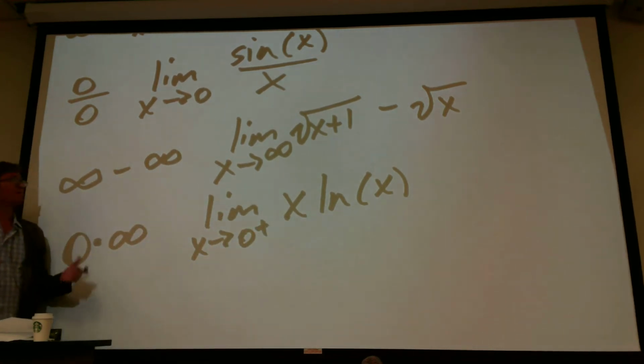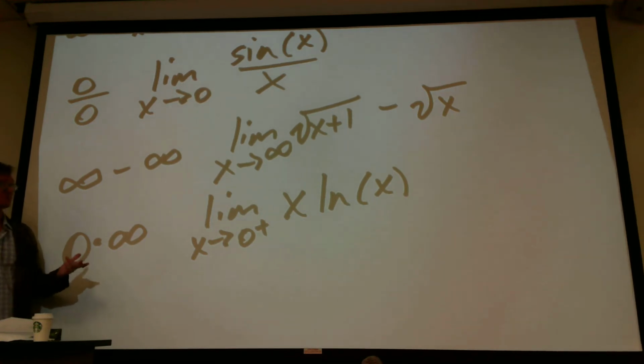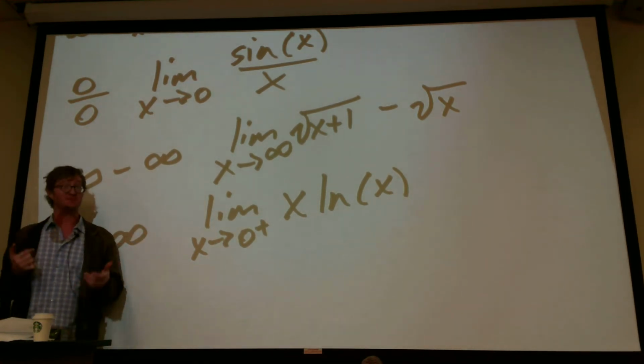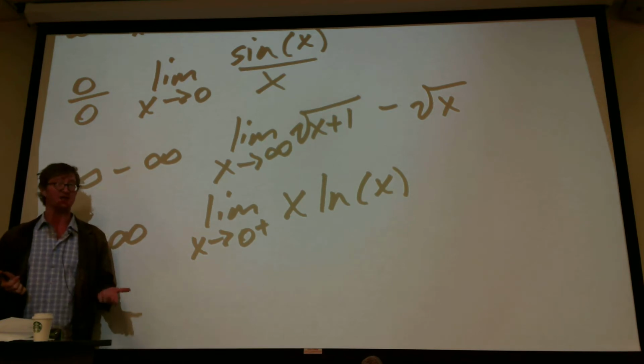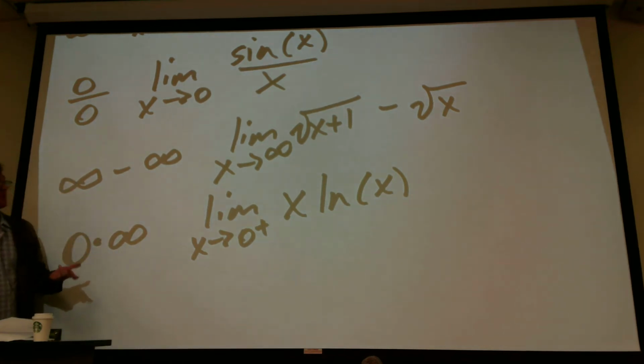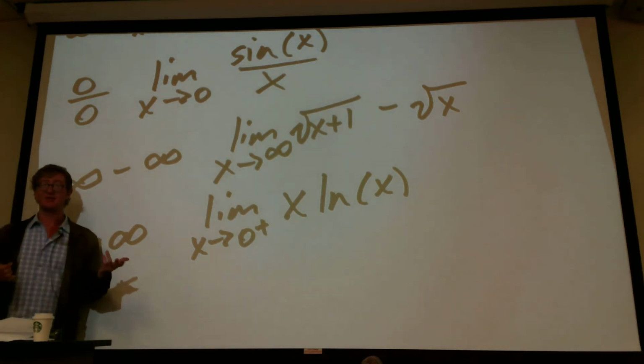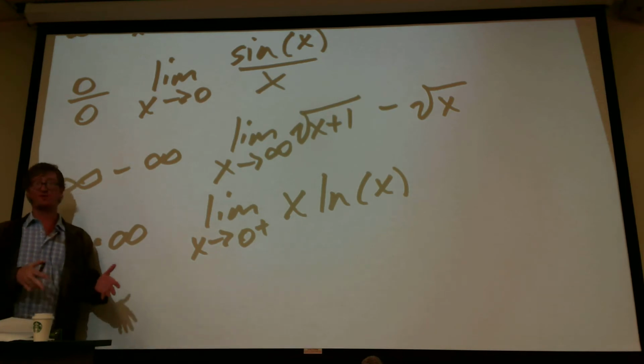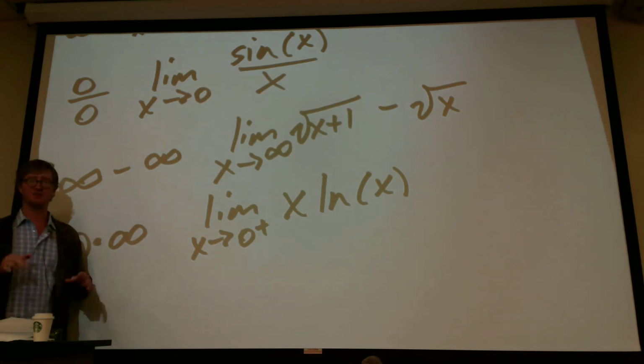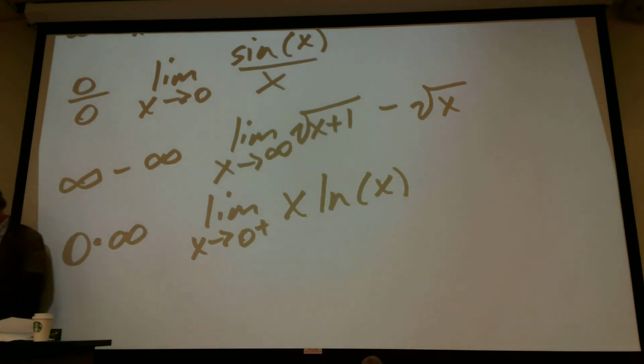But if you send the limit as x tends towards 0 from the right of the natural log of x, that's actually going to tend towards negative infinity. So we don't know if this limit is actually headed towards 0 or negative infinity. So we're going to have to do some investigation to determine which it's actually headed to.